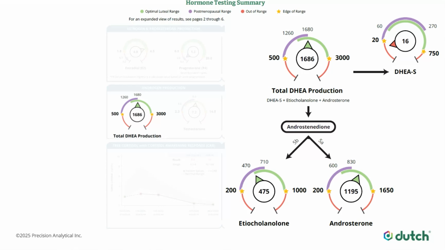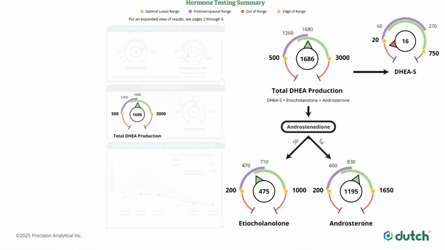A case like this, we're going to help you unpack the things that can lead to a pattern of relatively higher levels of those two bottom metabolites and lower levels of sulfation or DHEAS. That's going to give you a more complete understanding of your patient's androgen metabolites, and so on with the other three elements from that summary page.